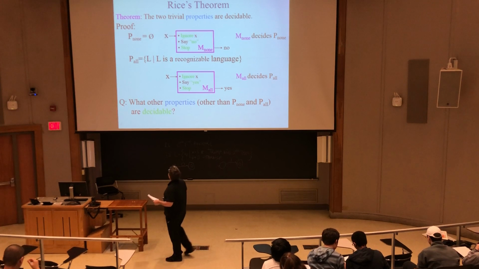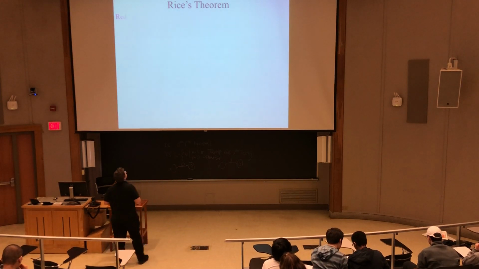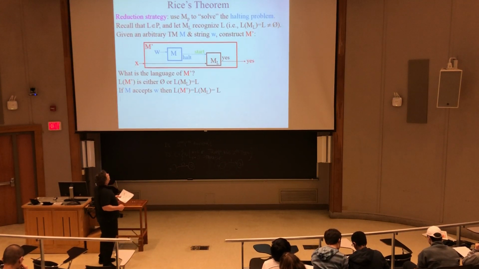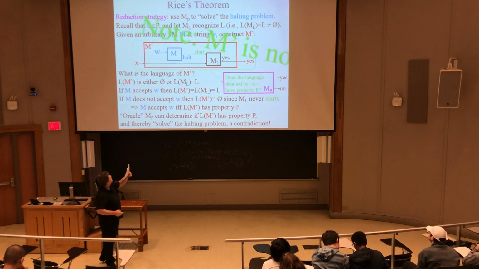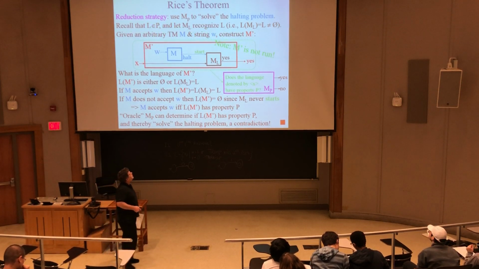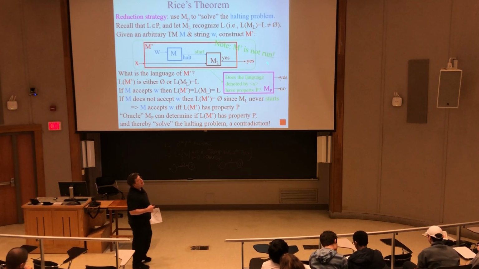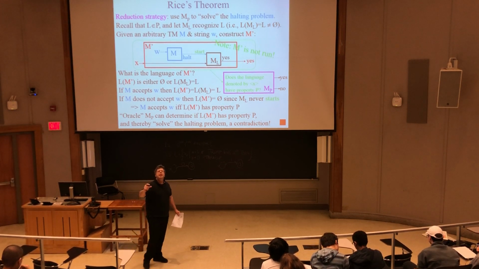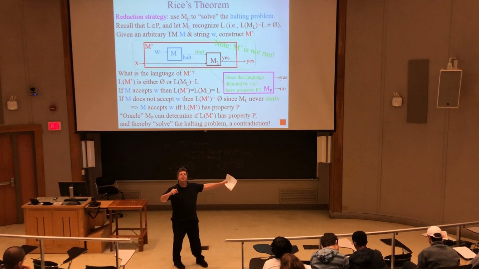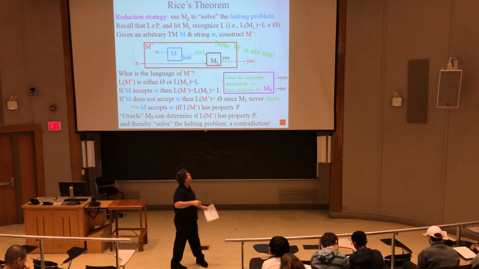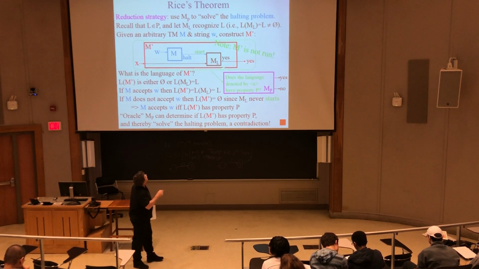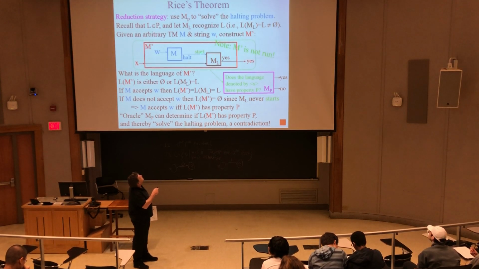The more sophisticated answer is that when you do this and you build this M prime, you have to have a way of distinguishing its language from being empty to some other thing. And if the property was empty, the language here would be empty, and it would accept the empty language even if this fires up.